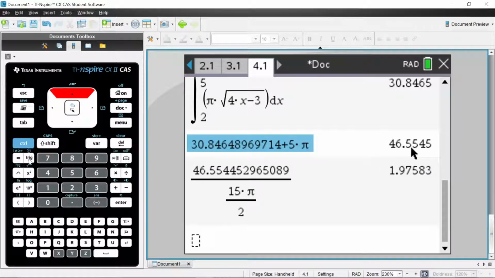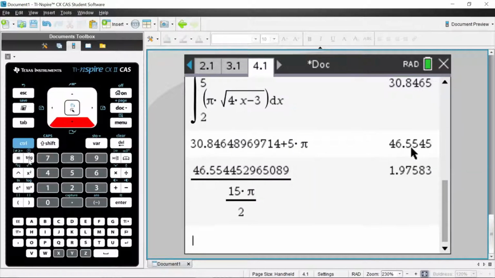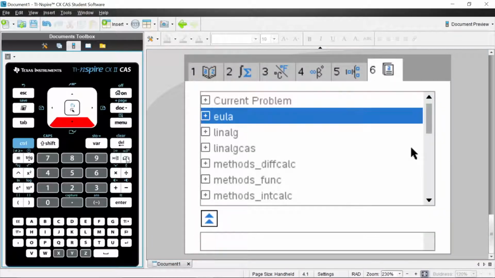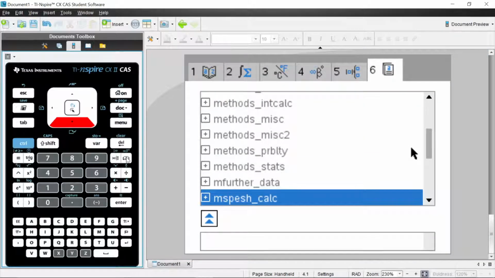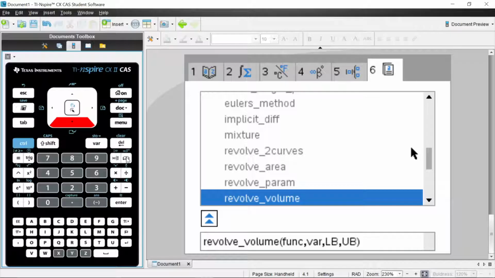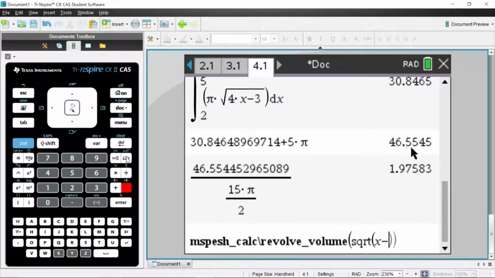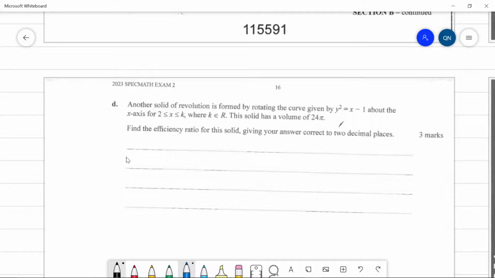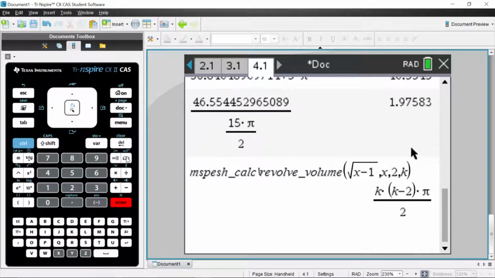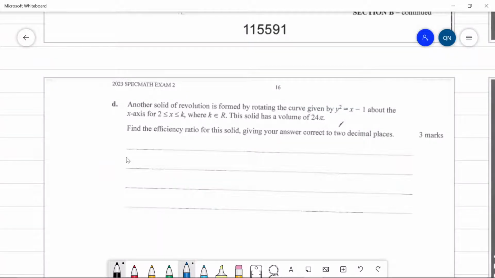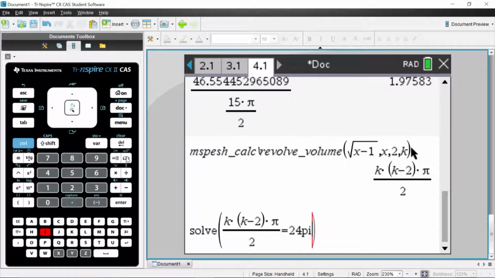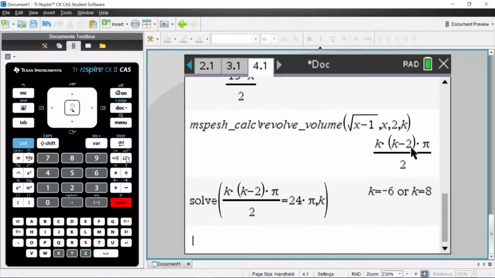So let's do the volume. We have calculus, revolve volume, and we have the square root of x minus 1, comma x, comma, and now we go from 2 to k. And then I'm going to solve this output equals 24 pi with respect to k.